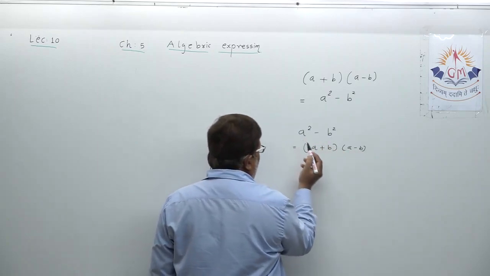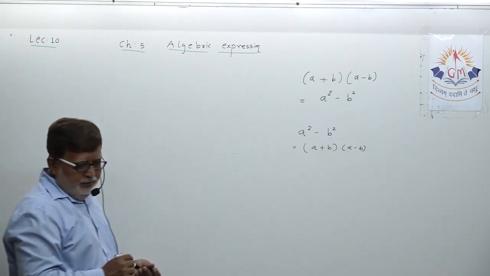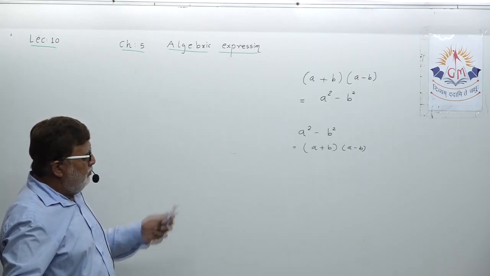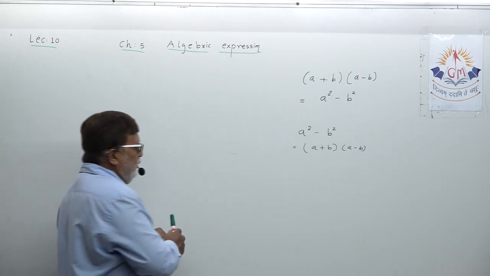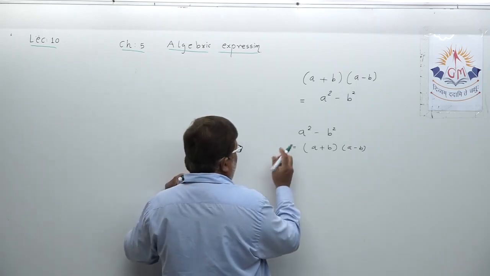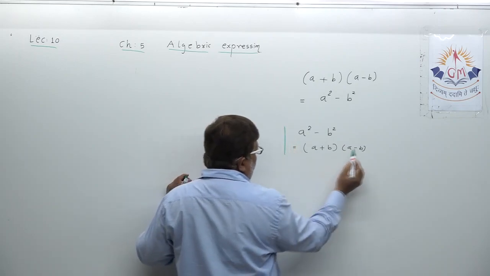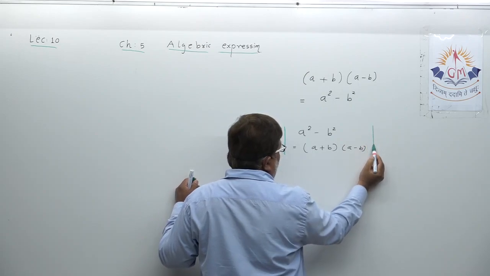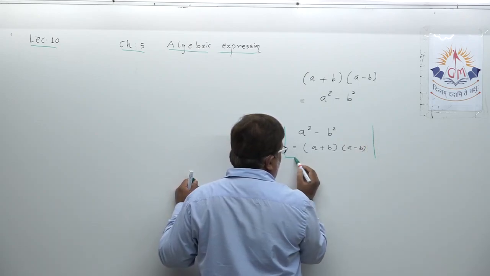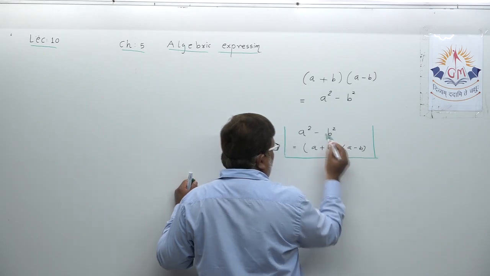Now your complete concentration must remain on this particular identity. What is that? a square minus b square equals (a plus b)(a minus b).